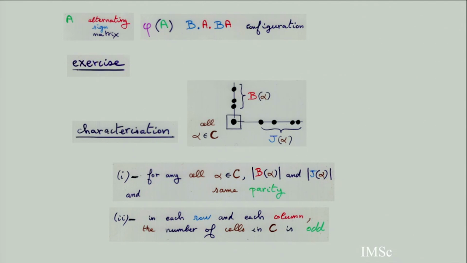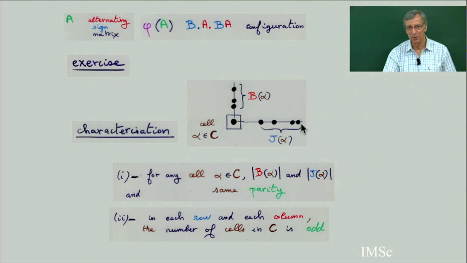And you can see that this will be a characterization of the BABA configurations which are, in fact, alternating sign matrices. It's because of the first lemma I gave before: if they had different parity, then you would have a rewriting like B A dot equal A dot B, something like that.